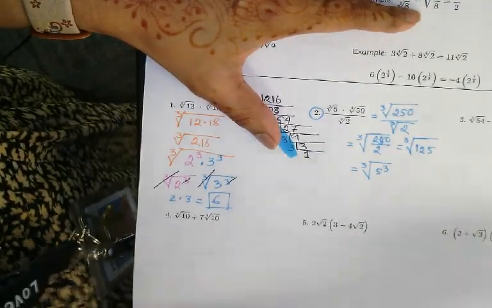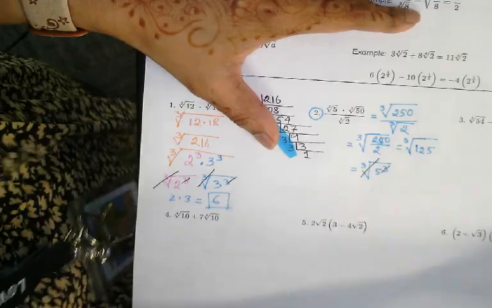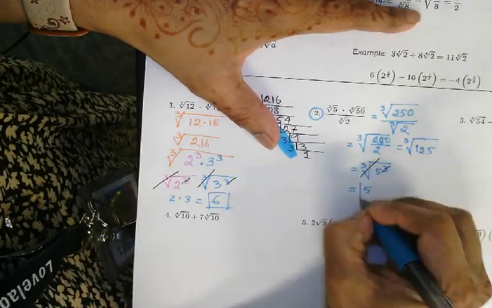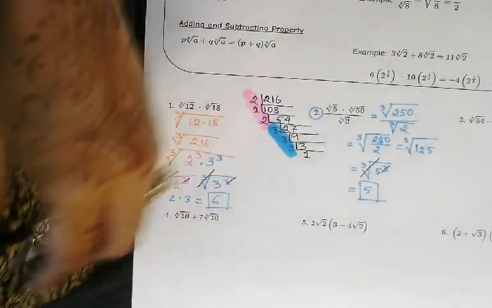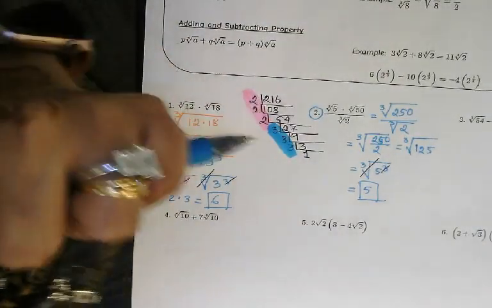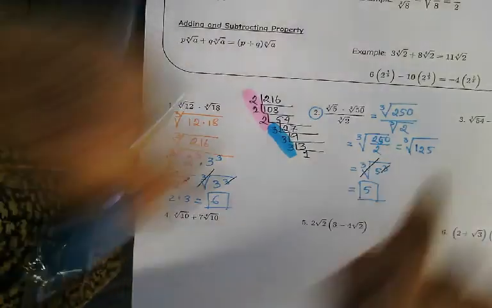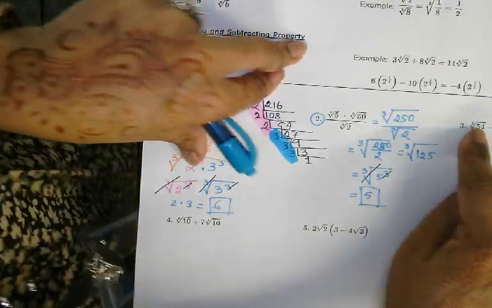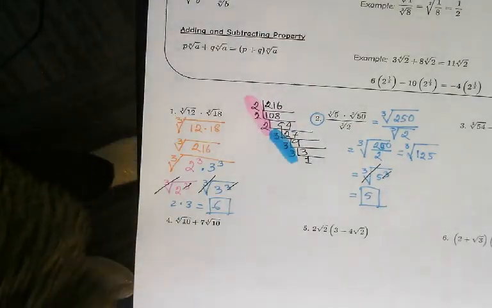They can cancel each other, and it's going to be 5. Any questions? Now for this one, try to simplify 54 and see what you get. I'm giving you a minute.